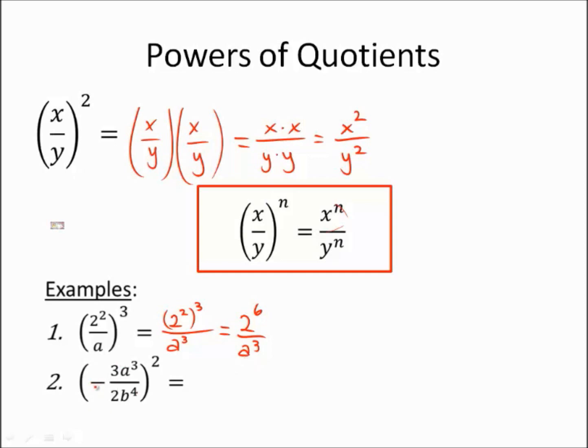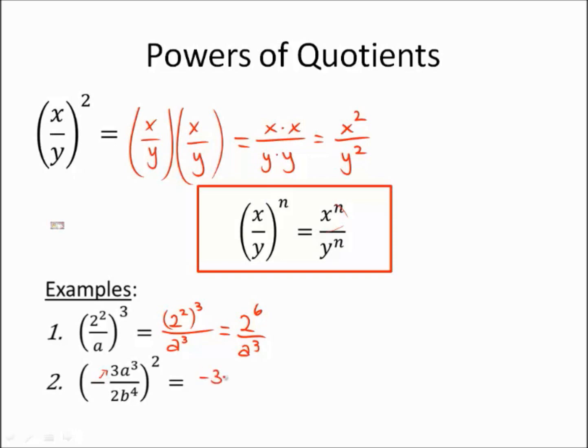Let's take a look at this next one. This negative is kind of hanging out in front. You'll notice that when you square a negative, it becomes positive. You could just keep it at that, and then notice that you're going to square the numerator and the denominator. You could also take the negative and stick it to either the denominator or the numerator, but only picking one of them.